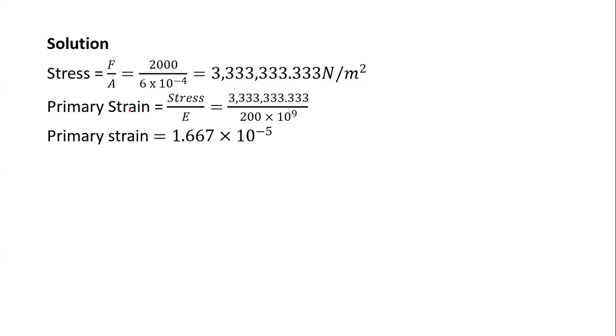So this one we found is our primary strain, which is going to help reveal what the secondary strain is. But we don't have to rush there. First, the question was asking us to find the change in length. Remember that when this force is applied on the material, the primary part that it is affecting, because it's applied longitudinally, is the length.